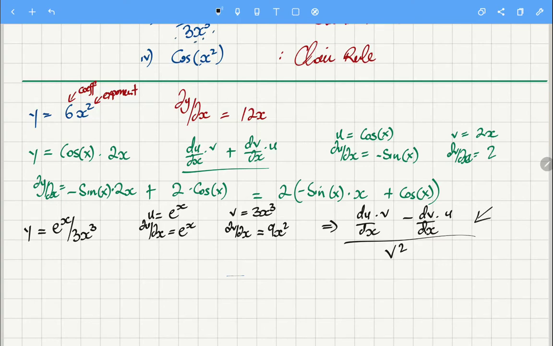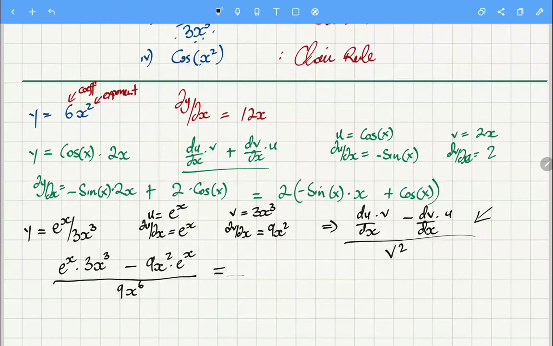So my du over dx is e to the x times my v, which is 3x cubed, then minus my dv over dx, which is 9x squared, and then my u is obviously e to the x. Then v squared is 9x to the power 6. Yeah, 9x to the power 6.